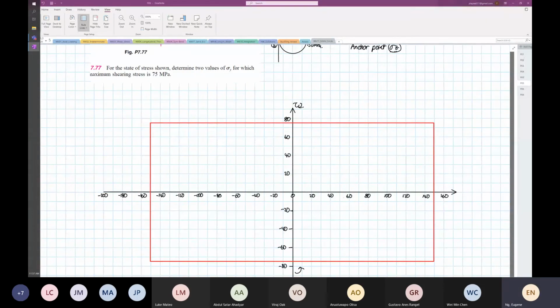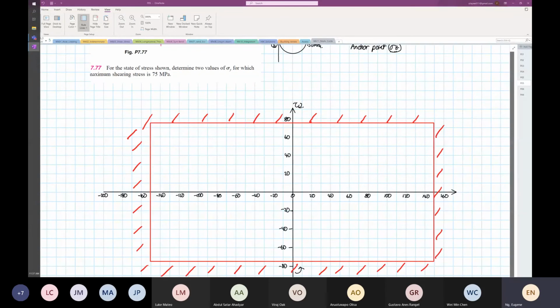If your circle goes outside the box, where the shaded region is known as failure, your material will yield. If your circle goes outside the red box where I'm shading now, your material will yield and your design will fail. Okay.